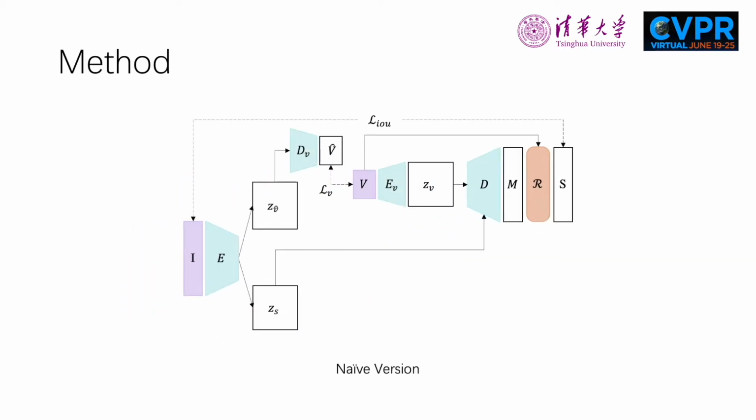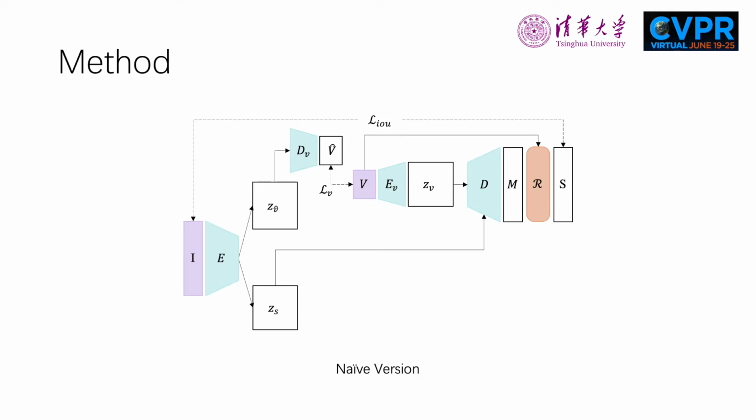To make the network depend both on the input sketch and the viewpoint, we first design a disentangled architecture shown here. E_V and D_V are the view encoder and decoder, which map the viewpoint to a higher dimensional space and backward.